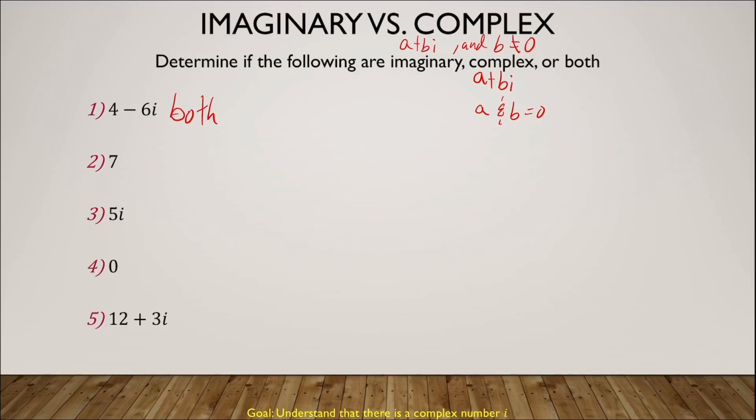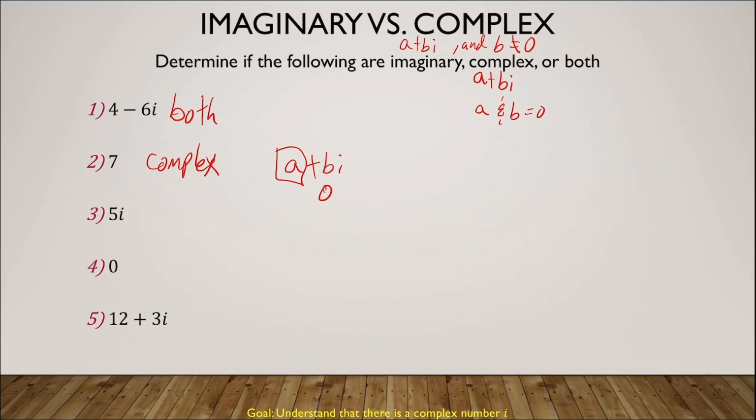So 7 we would say is complex, because it has a plus bi, but my b is 0 here. This is 0, so I just have the a, 7.